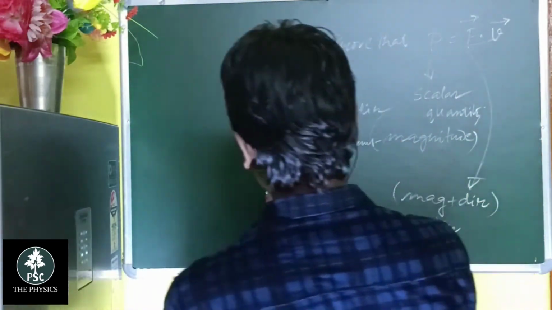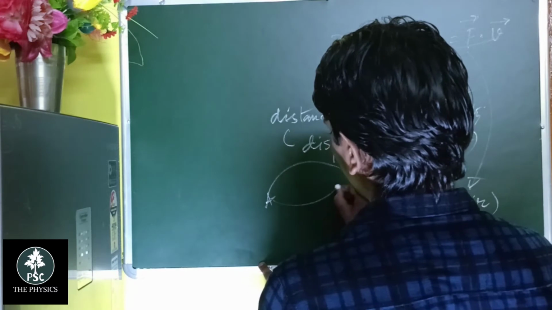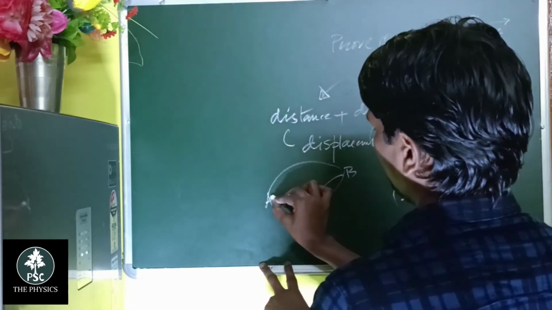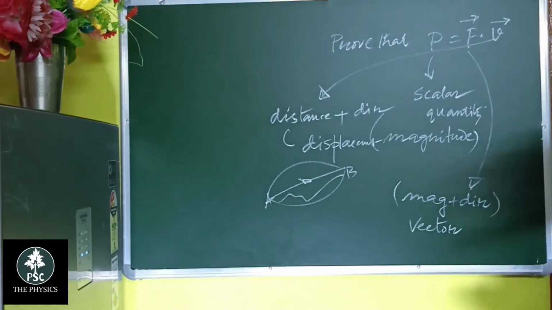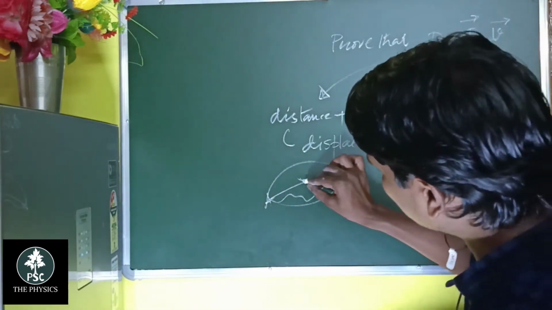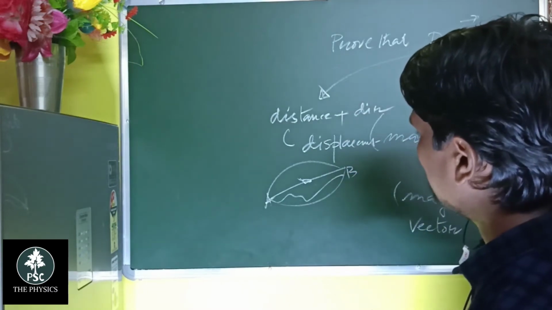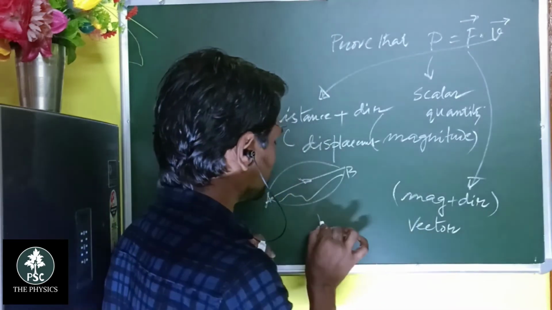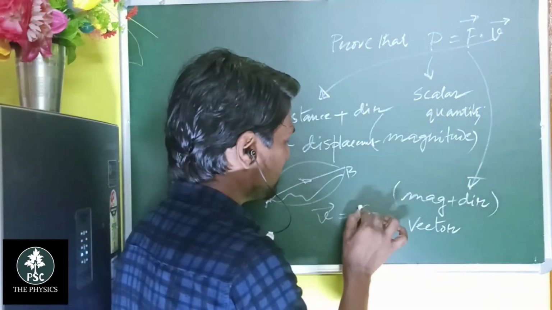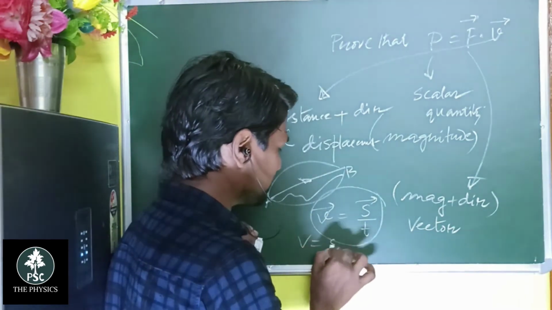Suppose A and B are two positions, and one can move along different paths, but a particular one is moved from this to this. So this is the shortest path. So distance with a specific direction is displacement, and the rate of change of displacement is called velocity. So V equals displacement by time, and speed equals distance by time.